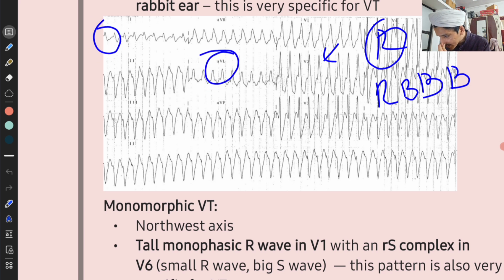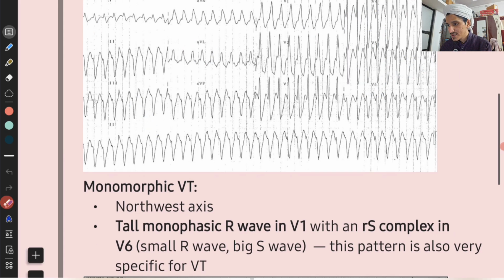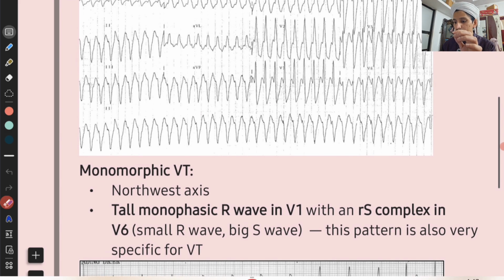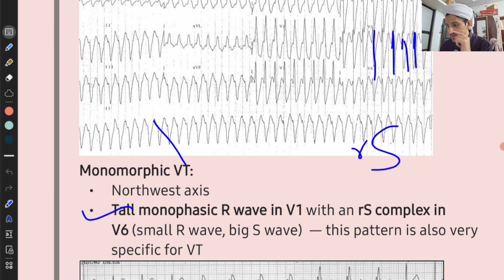The problem is a tall monophasic R wave in V1 with an RS complex in V6. See the RS complex in V6: a short R and a very deep S.